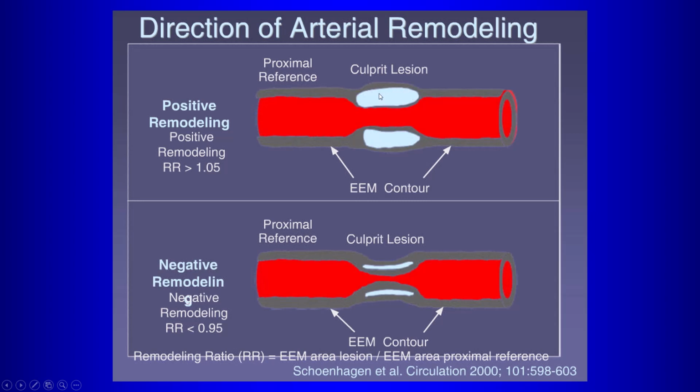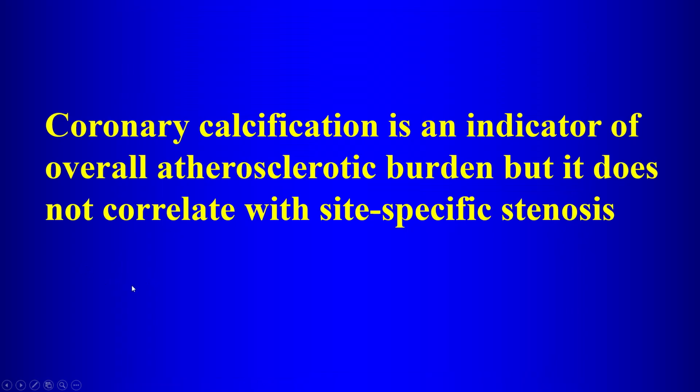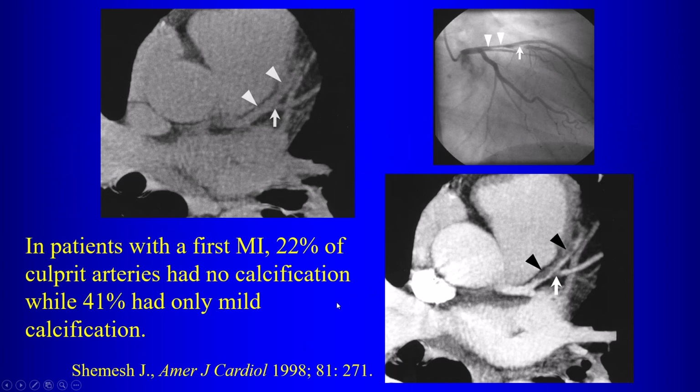This is called positive remodeling, and so you can have a heavily calcified coronary artery here without much in the way of stenosis of that particular vessel, as opposed to a negative remodeling where you do get significant stenosis of the vessel from the atherosclerotic plaque impinging on the vessel lumen. So coronary calcification is an indicator of overall atherosclerotic burden, but it does not correlate with site-specific stenosis. So that is a very important point.